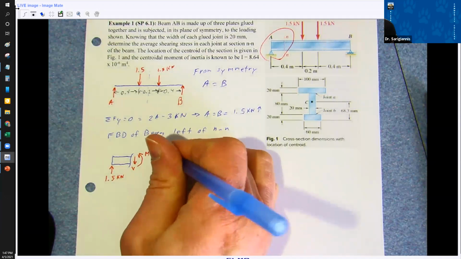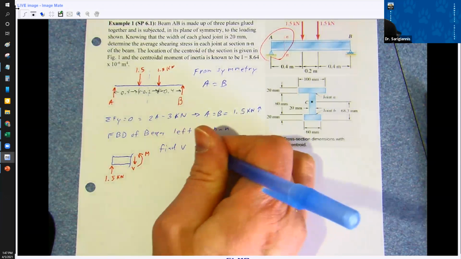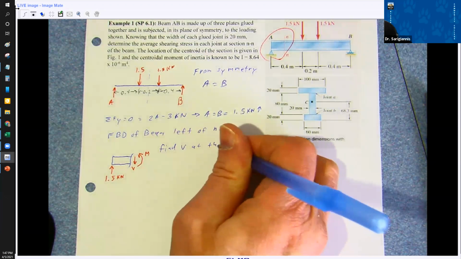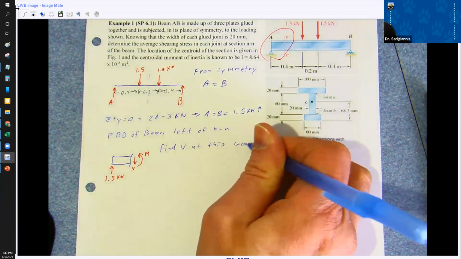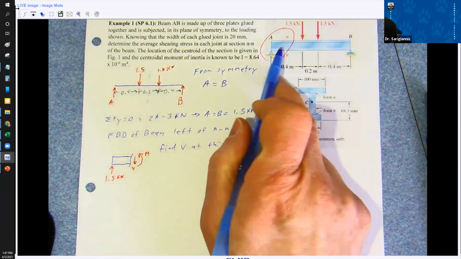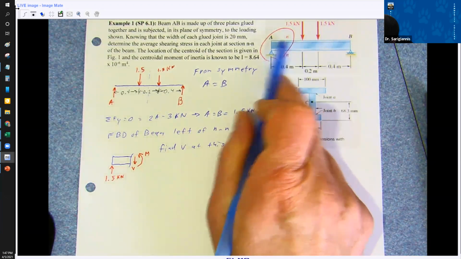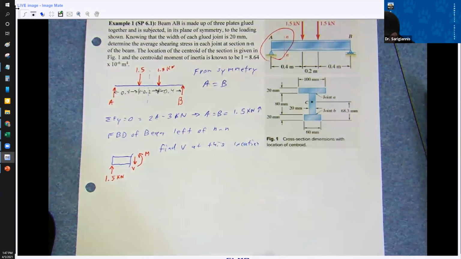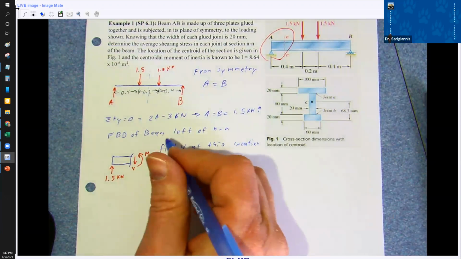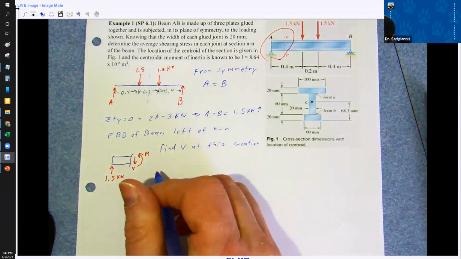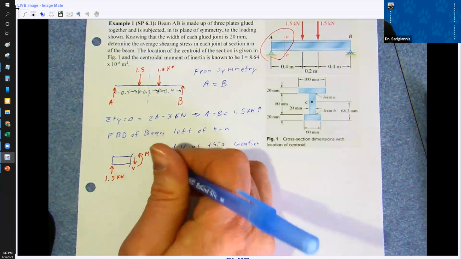So find V at this location. And this is nice because between any concentrated loads, it's constant. So we don't need to worry about distance from a point.